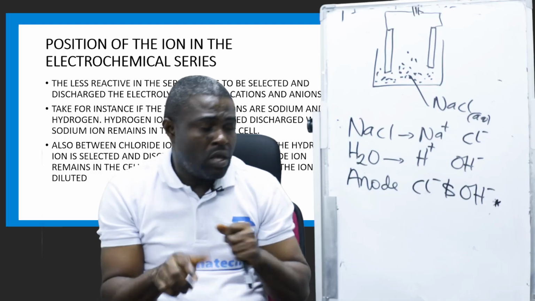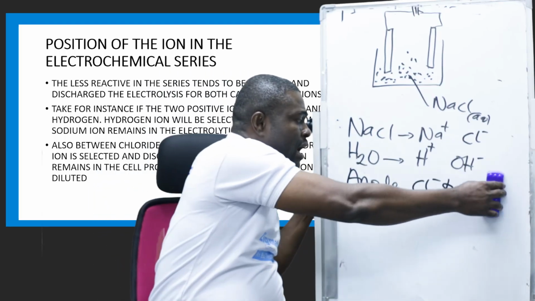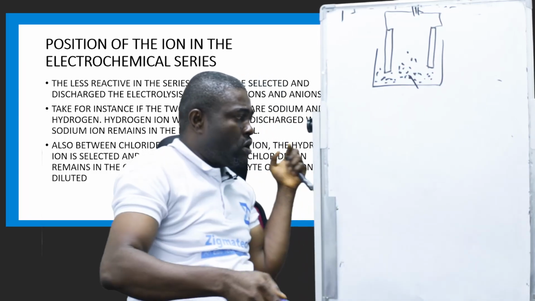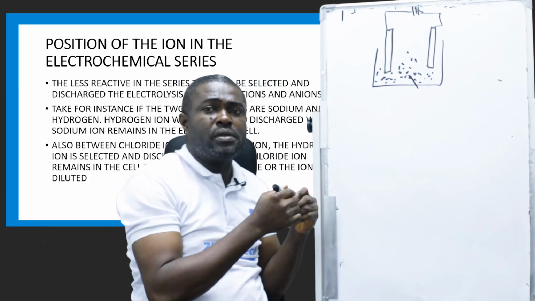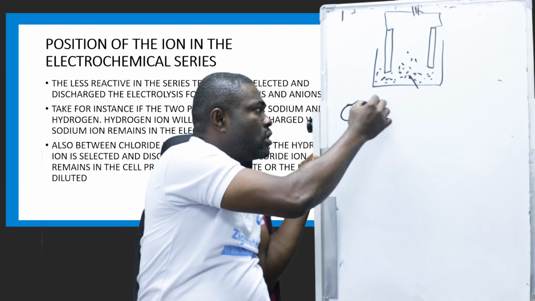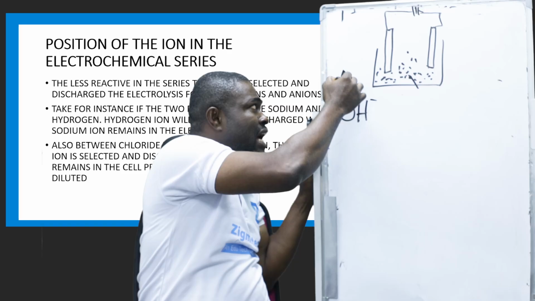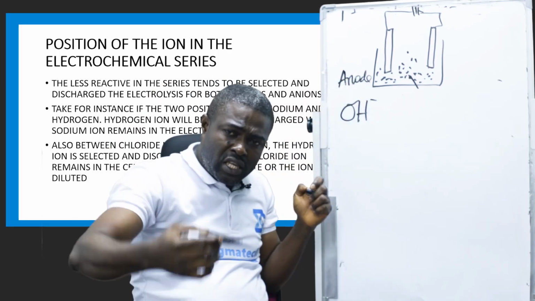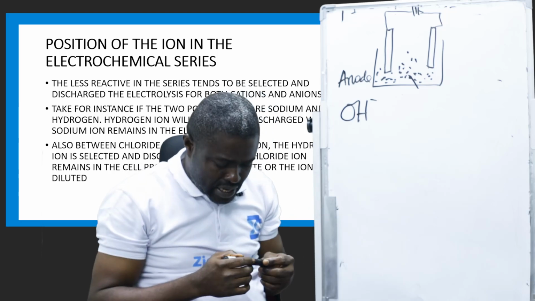Can you see that now? So I will now have, pay attention to this because this one will take up to 3 steps. I have OH minus. This is taking place at the anode. What happens at the anode? I keep saying it: oxidation takes place at the anode.